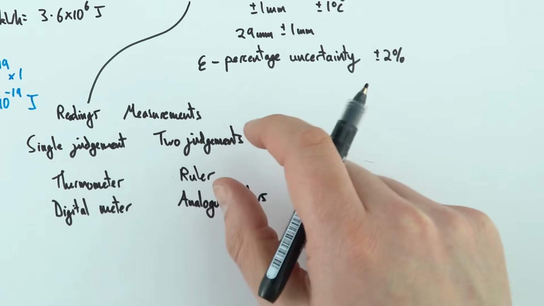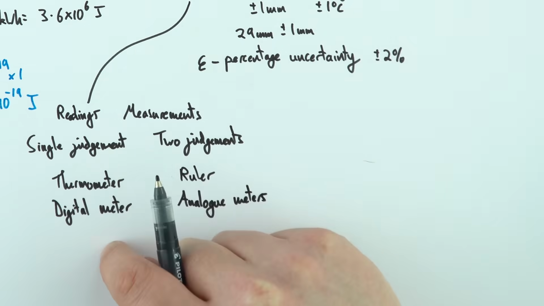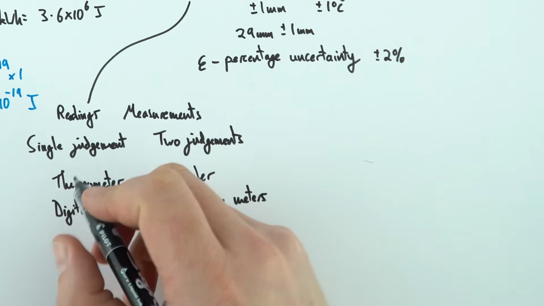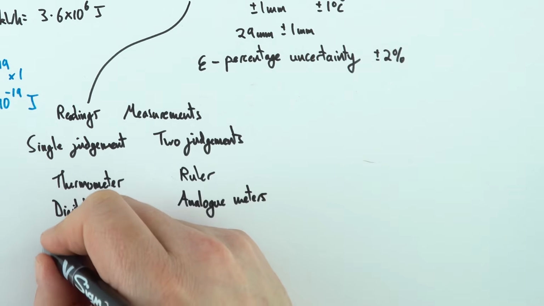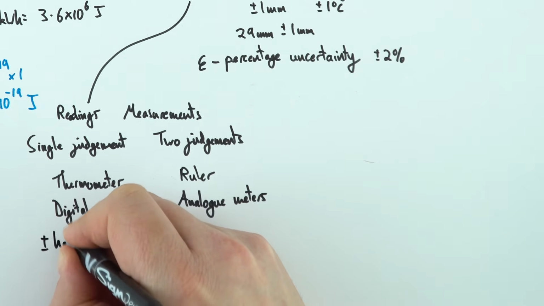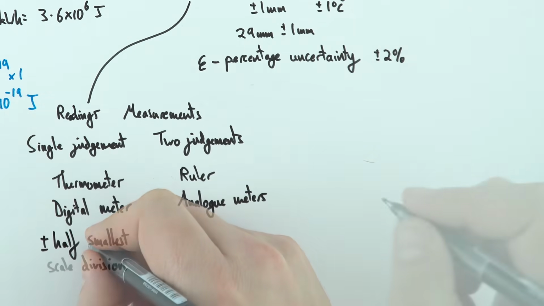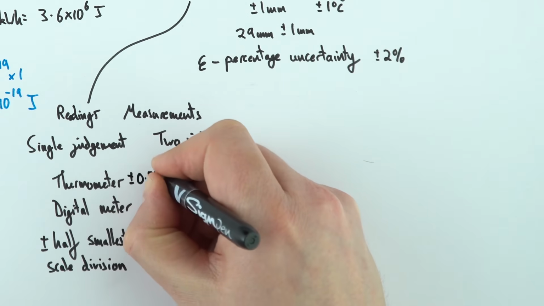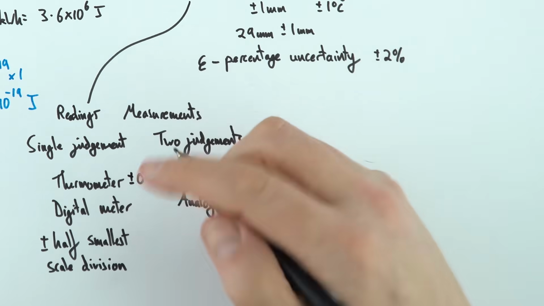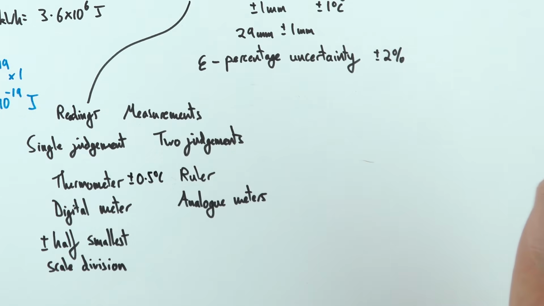Now, in terms of how we quantify that, when you're looking at a reading, which is a single judgment, we're looking at plus or minus half of the smallest scale division. So for a thermometer, this would be plus or minus 0.5 degrees Celsius if you're just using a standard one that measures to the nearest 1 degree Celsius.